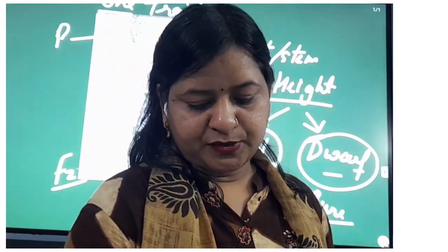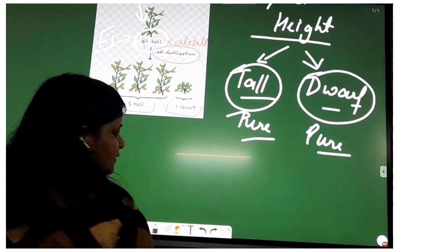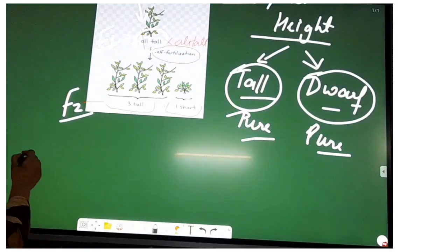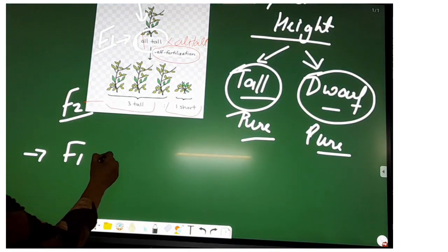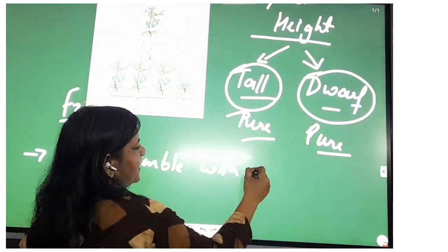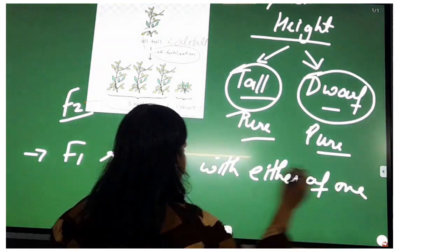So what he observed, we can conclude that what he observed in this experiment, number one, F1 resembles either one parent.